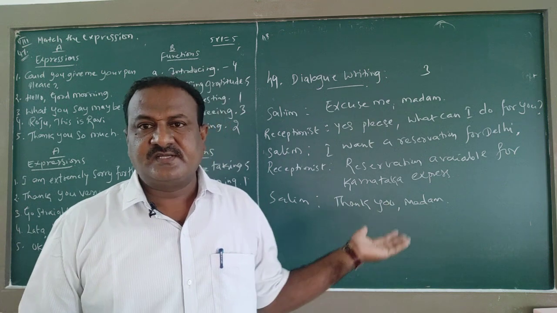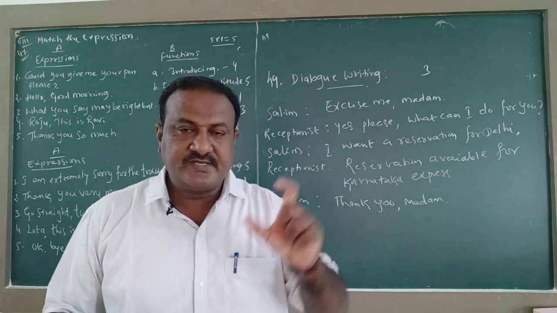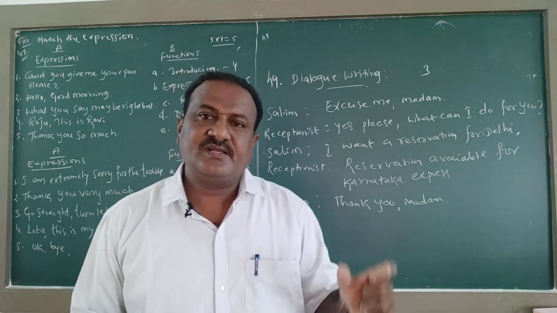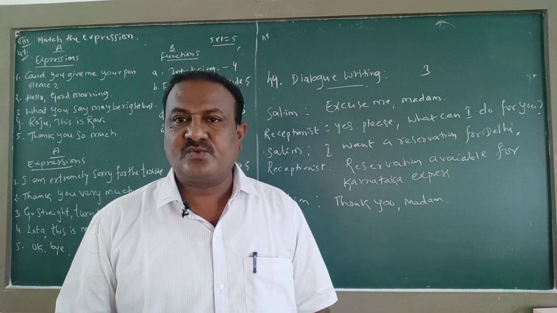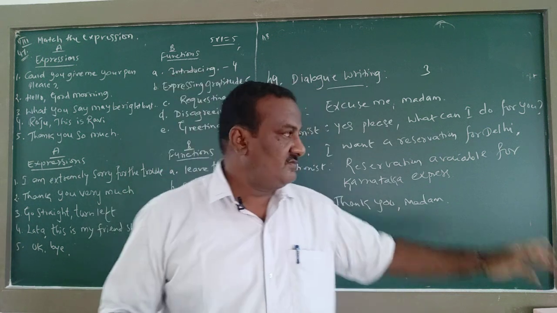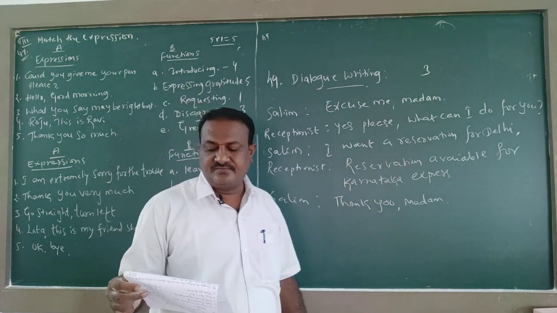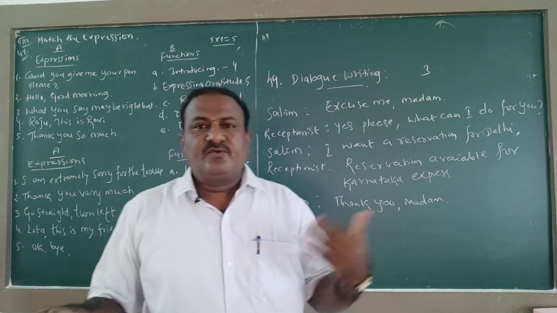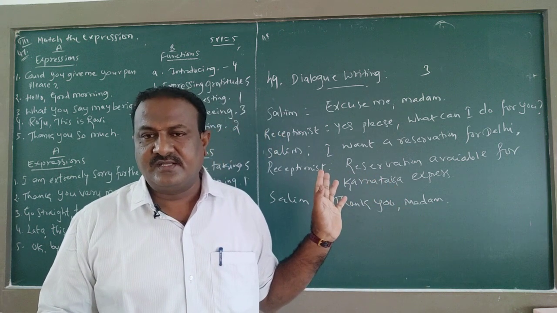So, here Salim: Excuse me, madam. Receptionist, we have to write it, the person Salim, and another person is the receptionist. Receptionist: Yes, please, what can I do for you? Then Salim will say, I want a reservation for Delhi. Even you can write it further. I want a reservation for Delhi.